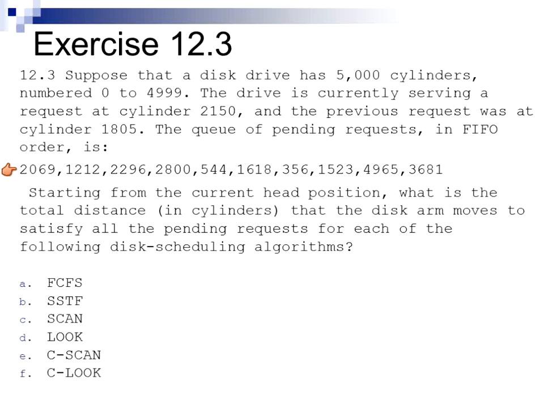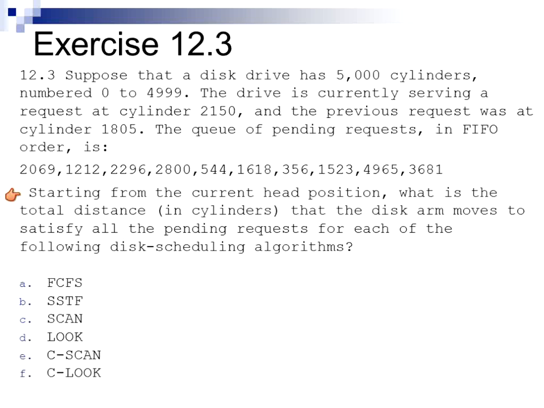The queue is just the requests that the operating system got for what cylinders needed to be read next on that hard drive. So this queue is in first in, first out order. And what we want to do is start from the current head position and calculate the total distance in cylinders that the disk arm is going to move so that it satisfies all the requests that are currently in the queue.